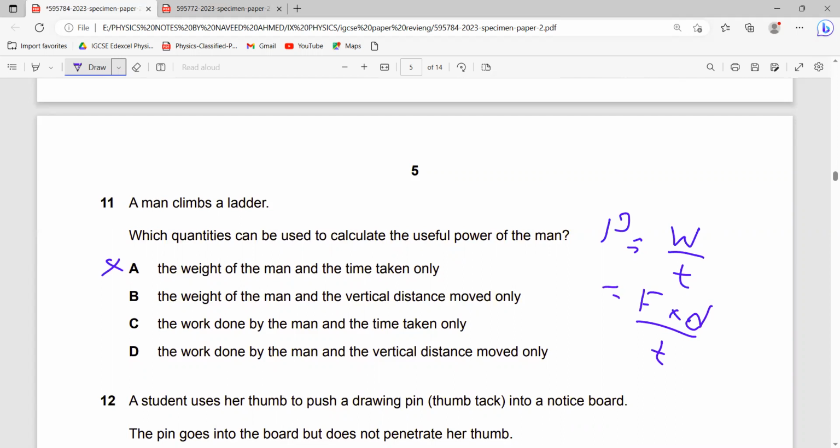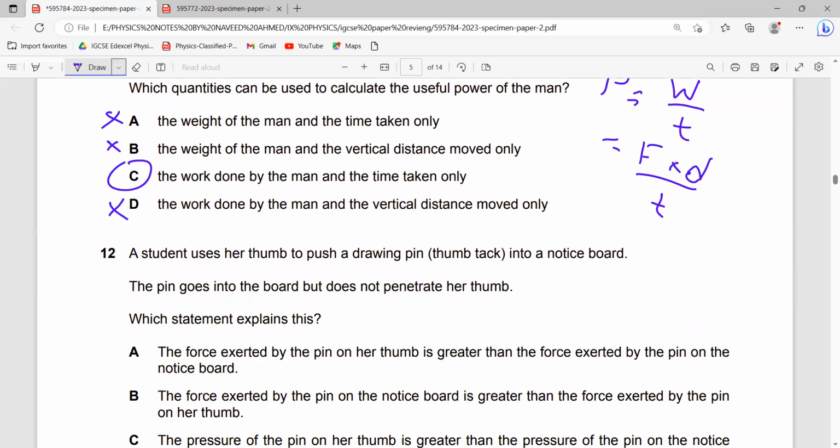The weight of the man and the vertical distance moved only has no time, so this is also not possible. The work done by the man and the time taken is possible. And option D is the work done by the man and the vertical distance only. Here again there is no time. So C is the right option.